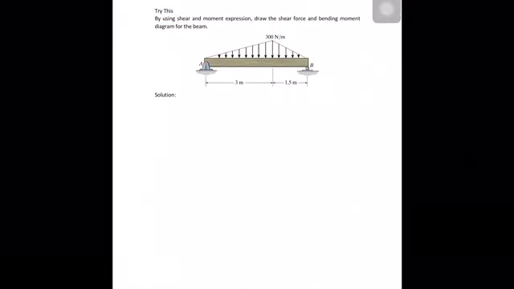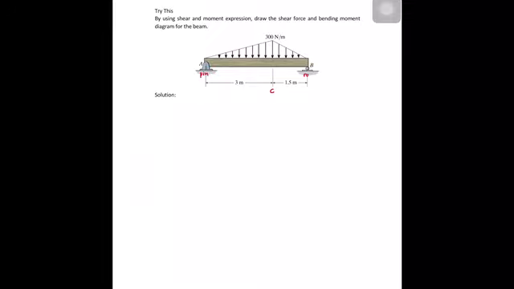Okay, so for page 94, you have to try. This is a linear distributed load also, so you put a point C. From A to C is 300, and 300 declines to B. Okay, here is a pin and this is a roller. When you solve this one, you will get the maximum shear equal to negative.